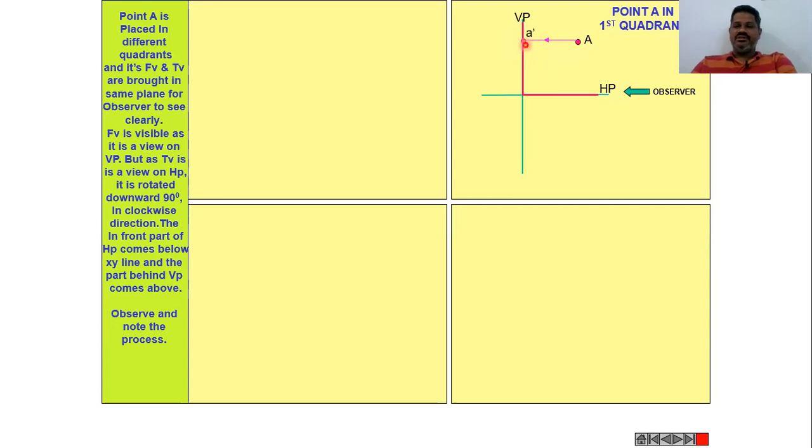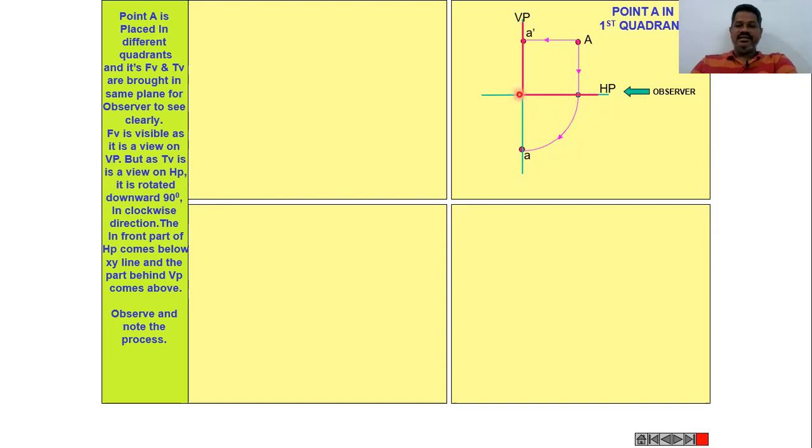The front view I'm indicating as A dash, as I said, then the top view of this point will be projected onto the horizontal plane like this, and this will be indicated as A. But while drawing, it will not be possible to draw the top view of this point, so I am rotating the horizontal plane 90 degrees in clockwise direction like this, to represent it clearly with respect to the XY line, which is exactly at this location.